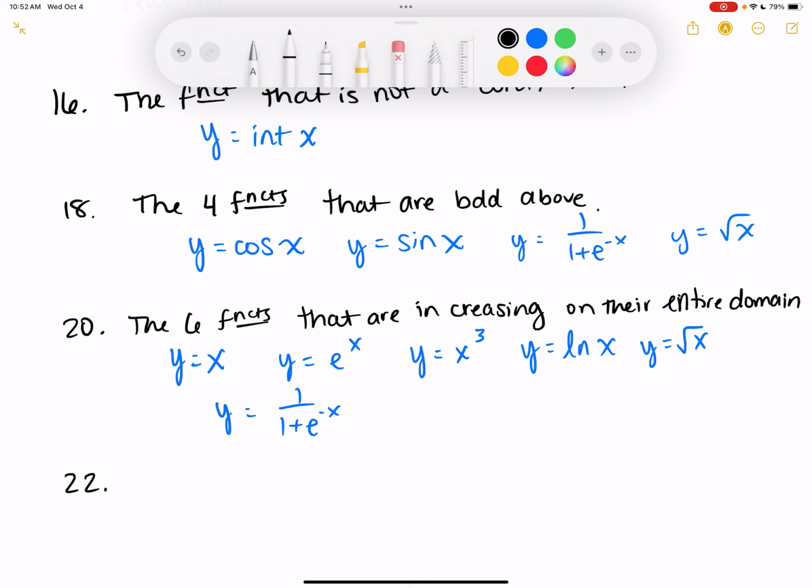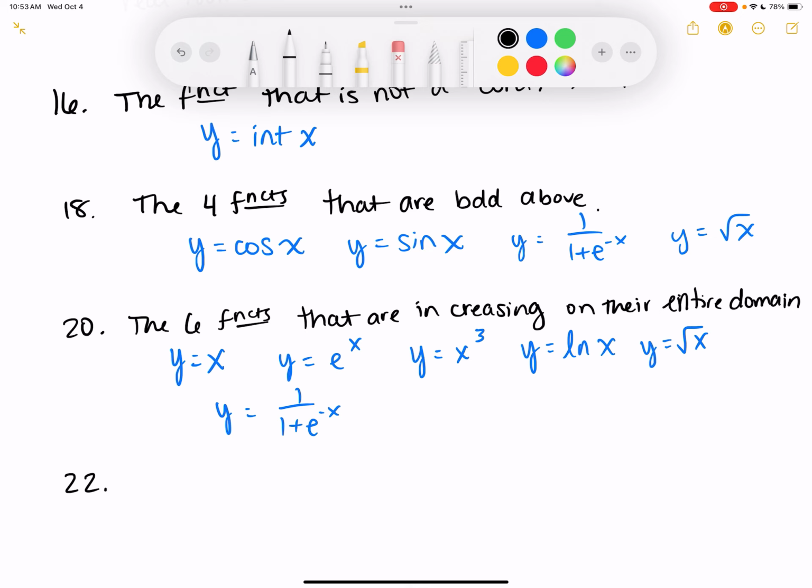The integer function is always going in a step pattern. We usually call it a step function because it looks like a staircase. But it could be like a staircase going the other way if it was reflected.